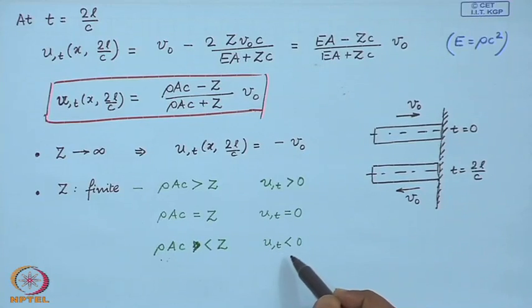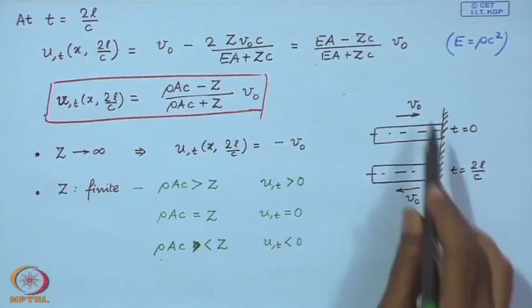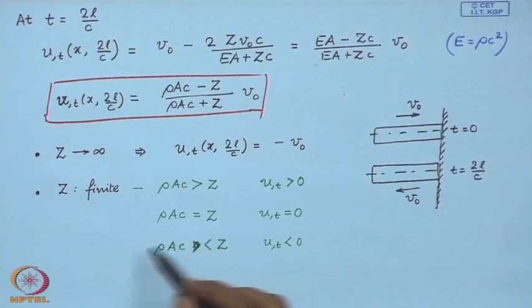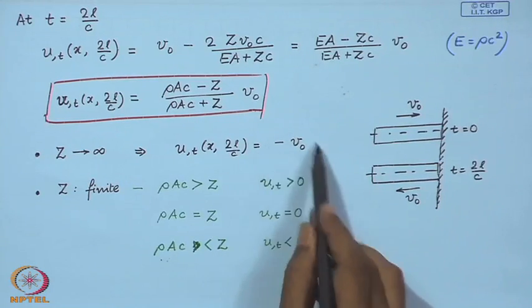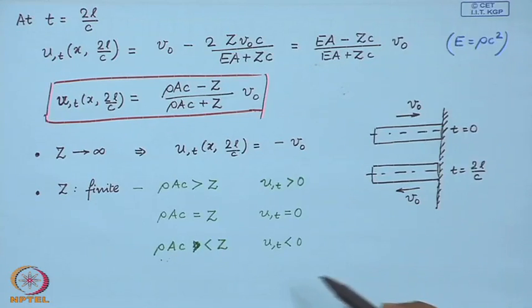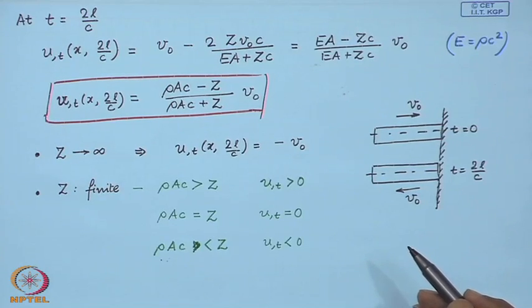In other cases where the impedance is less than the impedance of the wall, which is more likely to happen actually, it is going to bounce back, but not at the incident velocity, it is going to lose that velocity. So, where is it going to lose the energy?